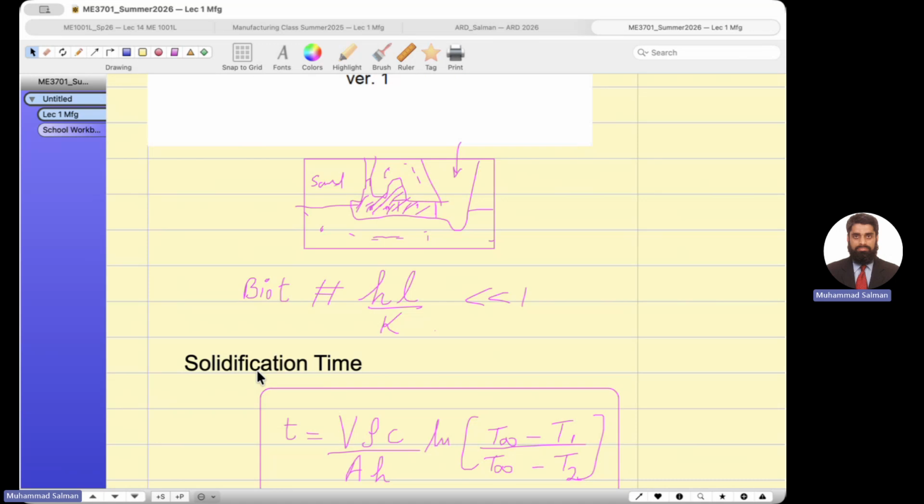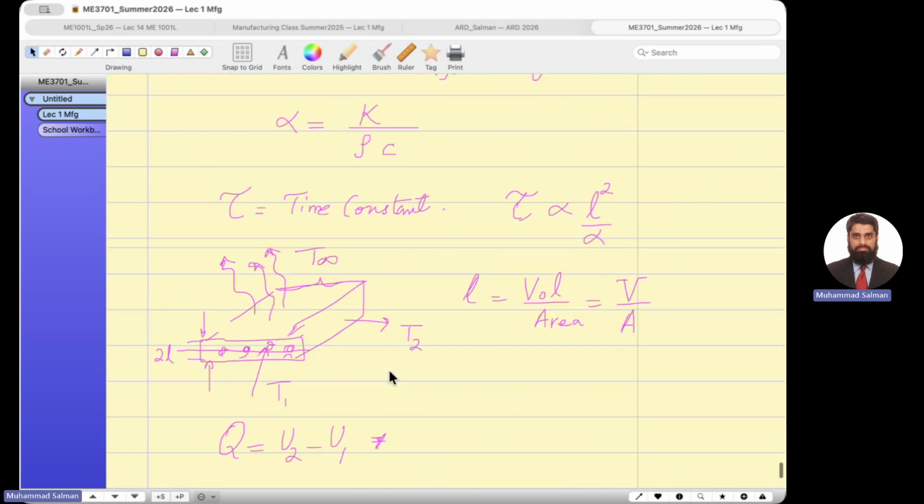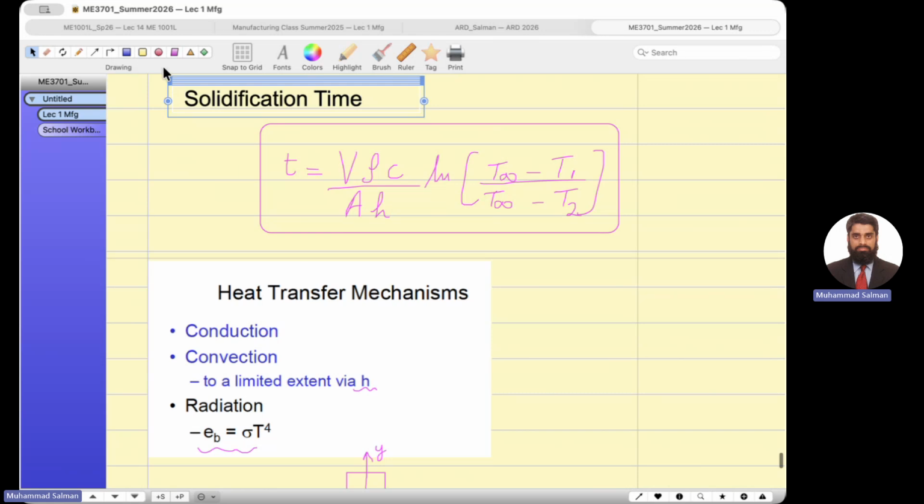Internally, conduction is very fast as compared to external. If the Biot number is greater than 1, the external is faster. That is a different case, for which we have tabulated values or graphs to find it out. But anyway, let's use this equation to find the time.